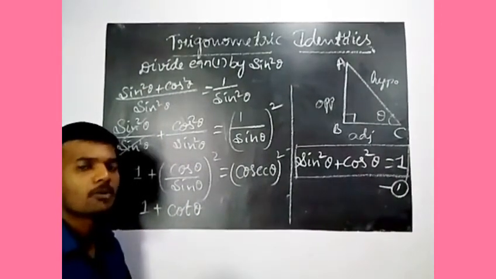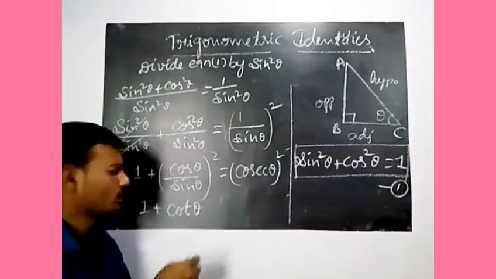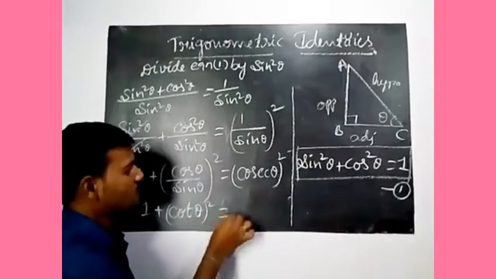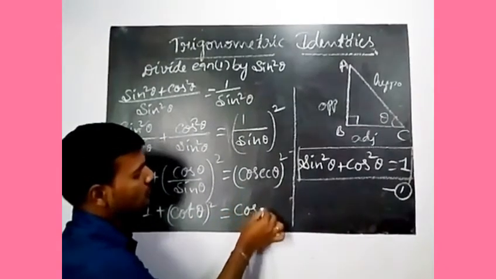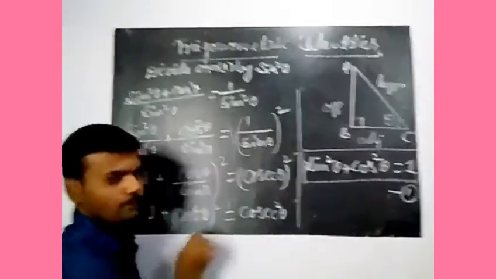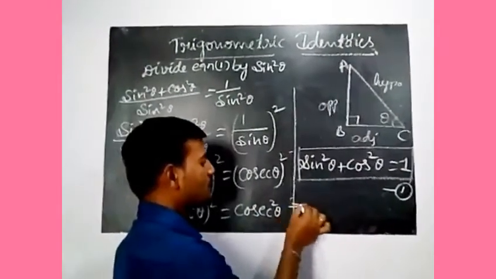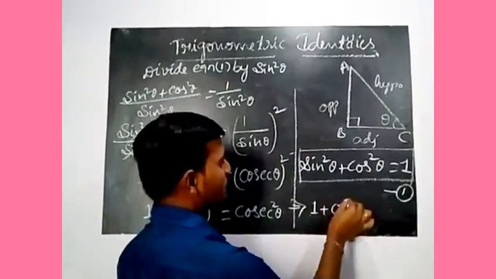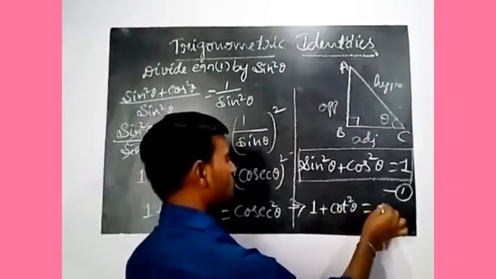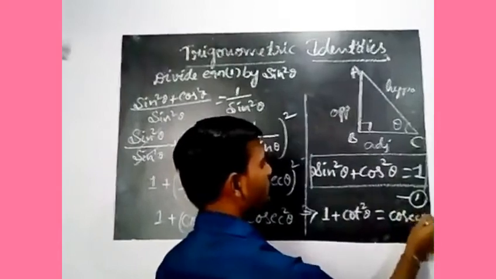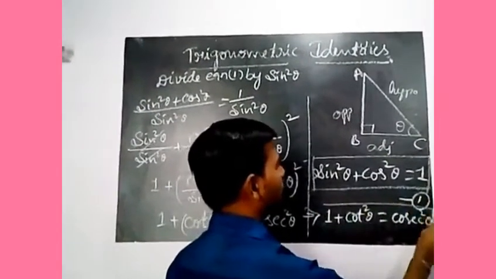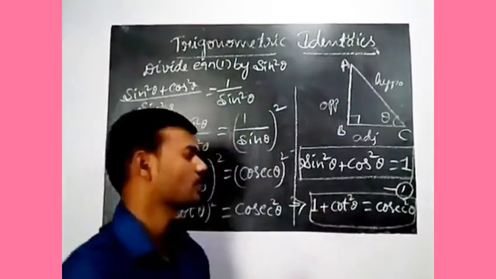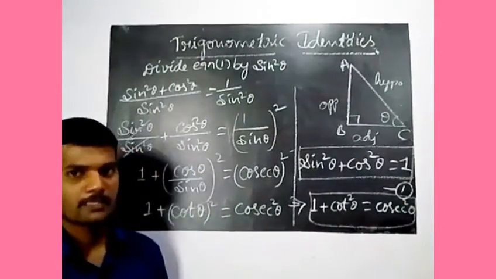So 1 plus cot square theta is equal to cosecant square theta. It can also be written as 1 plus cot square theta is equal to cosecant square theta.